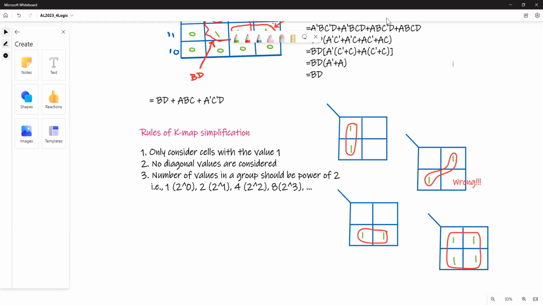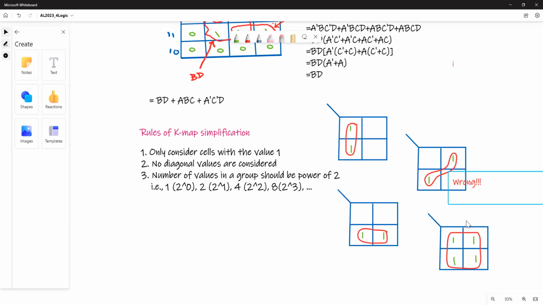Can you see now? Correct. Sorry about this. So we were discussing here, no diagonal values are considered. That means if you have values like this, if you try to combine like this group of 2, it's not possible. This is wrong. The correct way is to combine these separately.